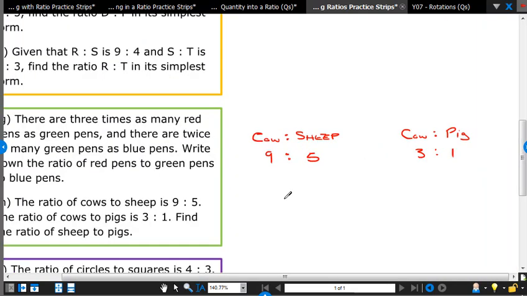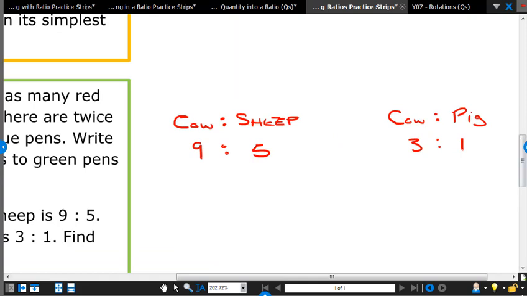Okay, I'm going to go ahead and do this. As I said before, we need to get the common value to be the same. So we have cow, cow. We need cow to be the same. How do we get 3 to become 9? We multiply by 3, right? 3 times 3 gives us 9.